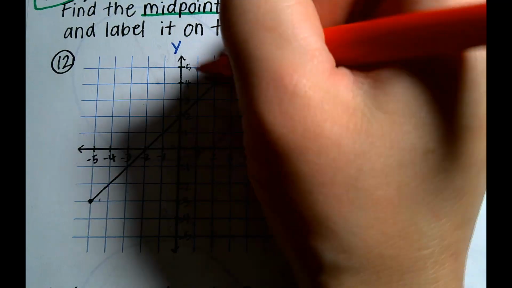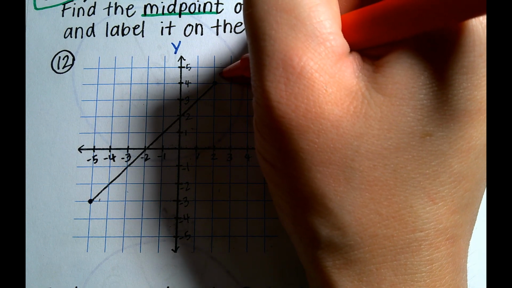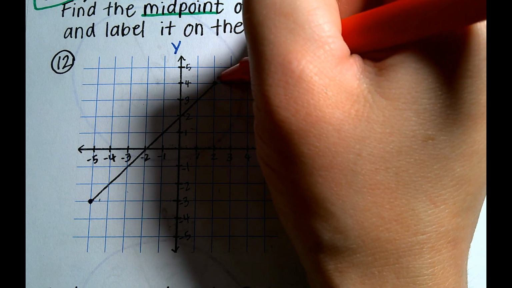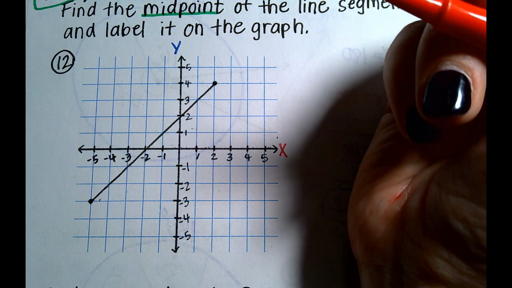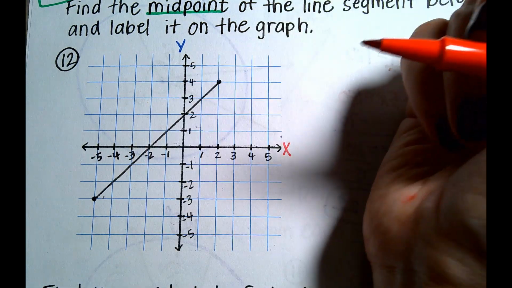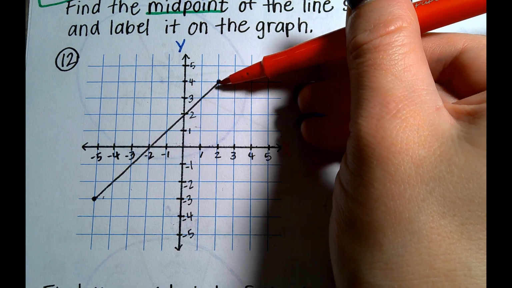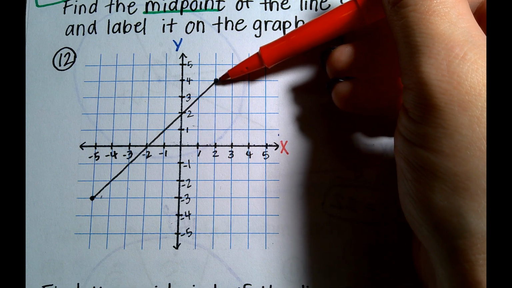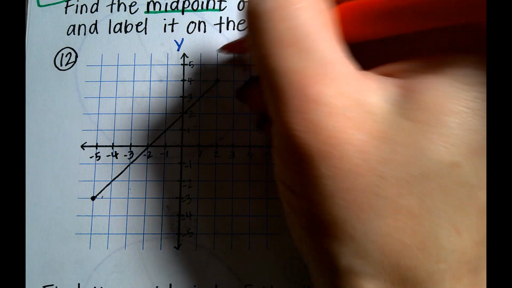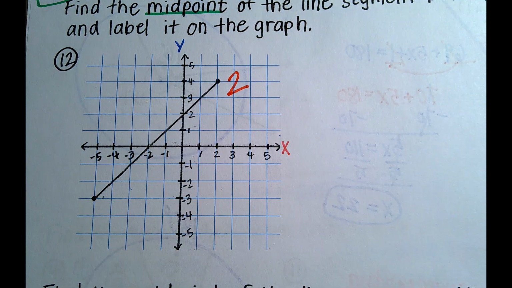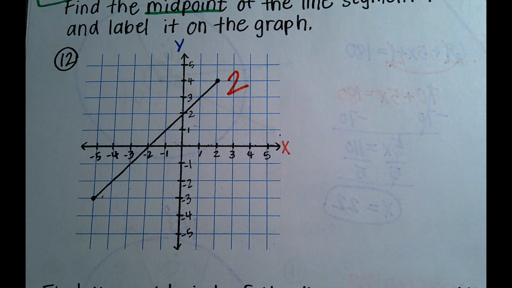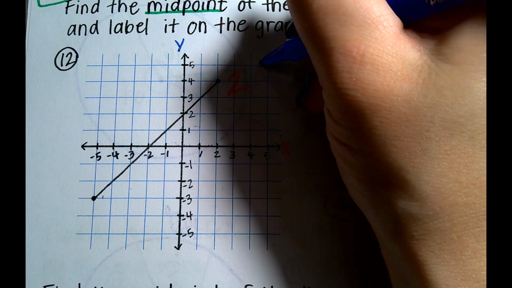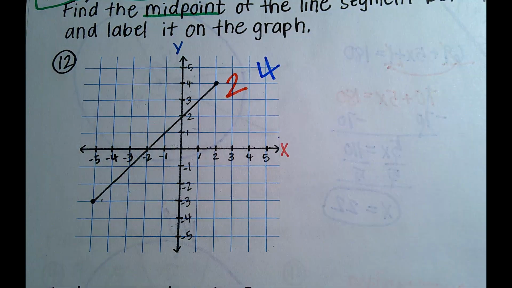I just want to find the X value of the top point. So what would the X value be for my higher point? 2. Good. And my Y? 4. So this first point here is 2, 4.